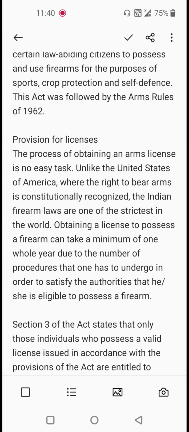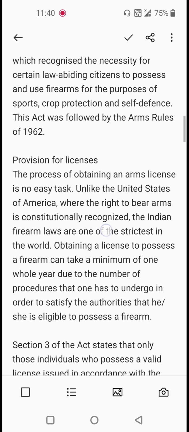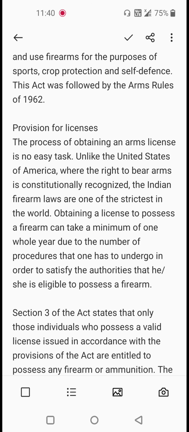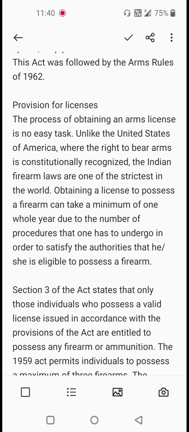What are the provisions for license? The process of obtaining an arms license is not an easy task. Unlike the United States of America, where the right to bear arms is constitutionally recognized, the Indian firearms laws are one of the strictest in the world.